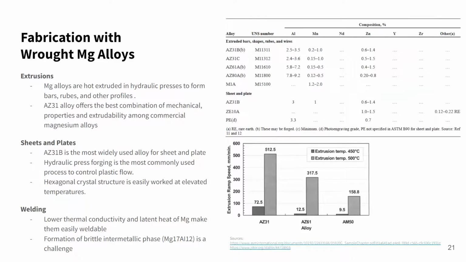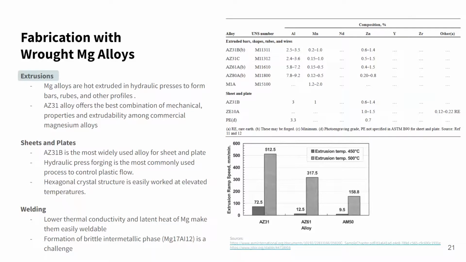When we consider wrought magnesium alloy, they come in different forms of extrusions, or you can use sheets and plates and forge them into the shape and form that is required. Since magnesium alloys are ductile and there are a lot of variants which allow for hot extrusion in different forms, we recommend extrusion.